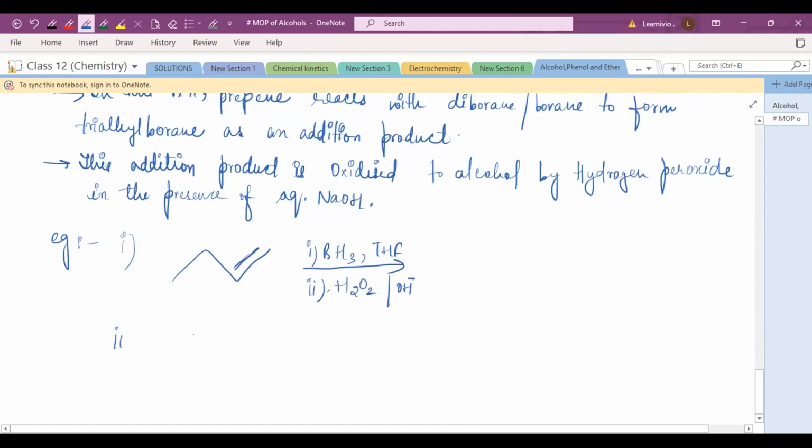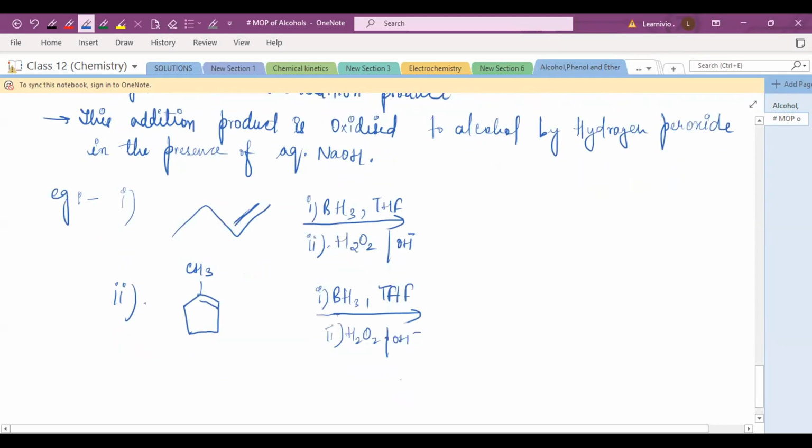And the second question is we have this molecule. Okay, tell me what will be the product in both the cases.